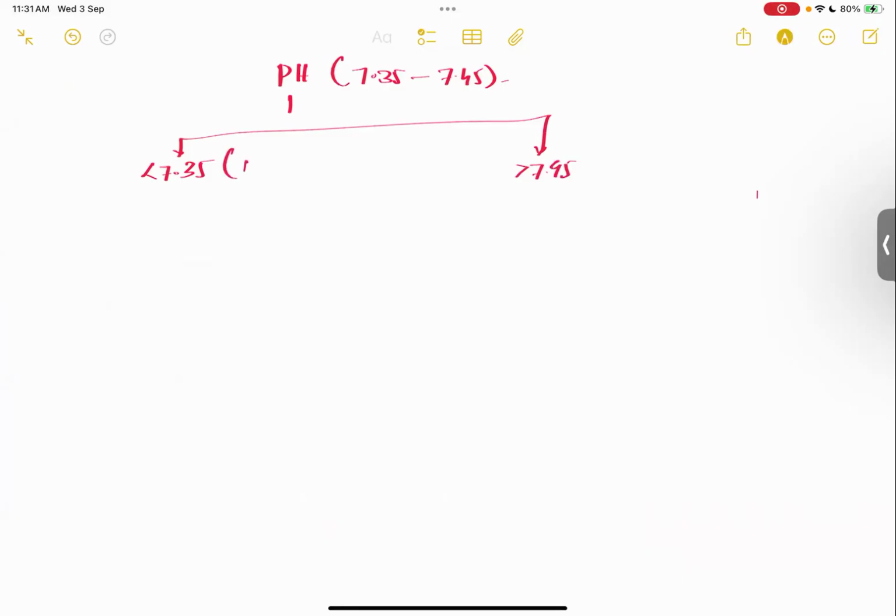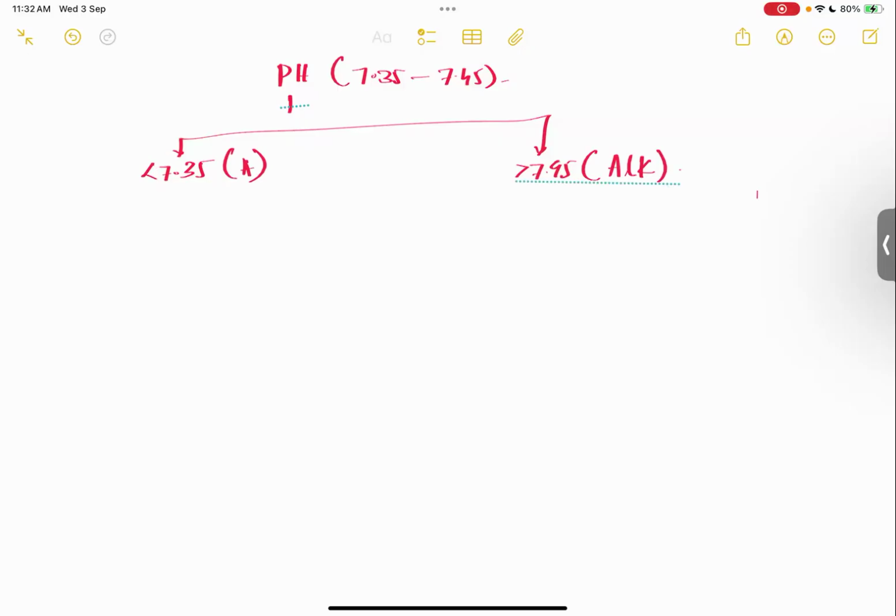So pH is 7.35 to 7.45. If pH is below 7.35 we call this acidosis, and if above 7.45, alkalosis.